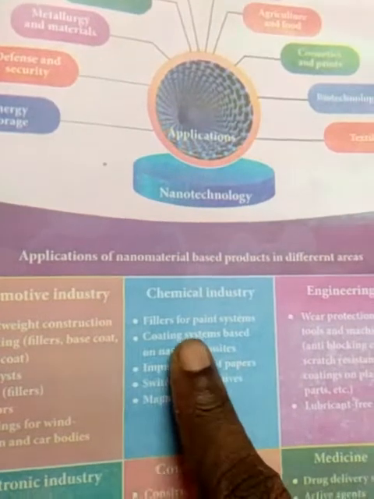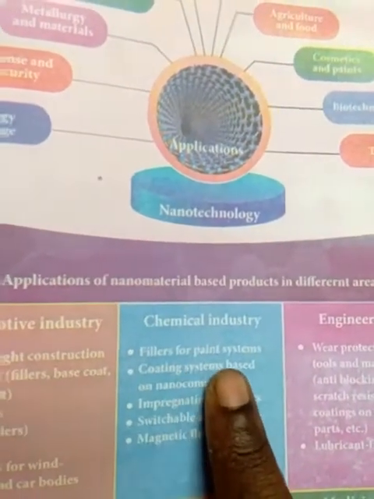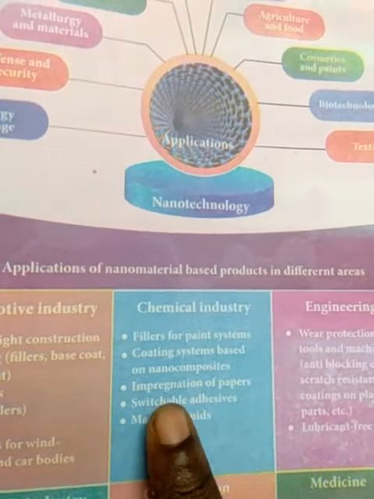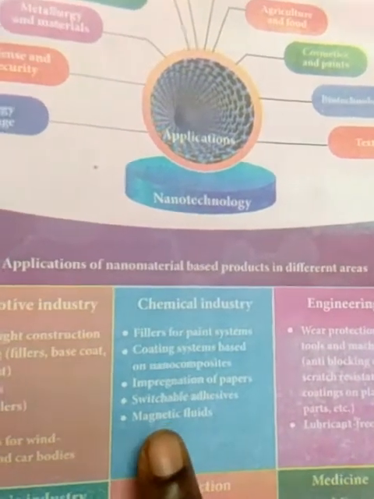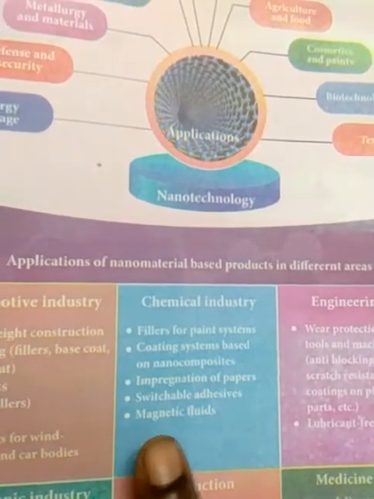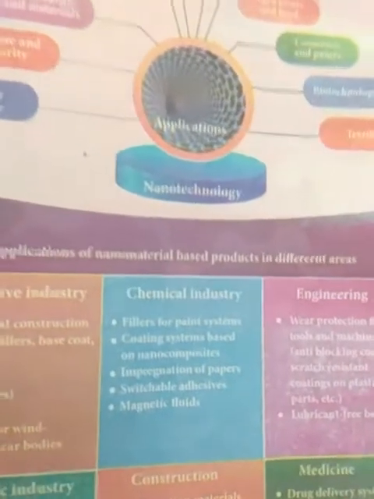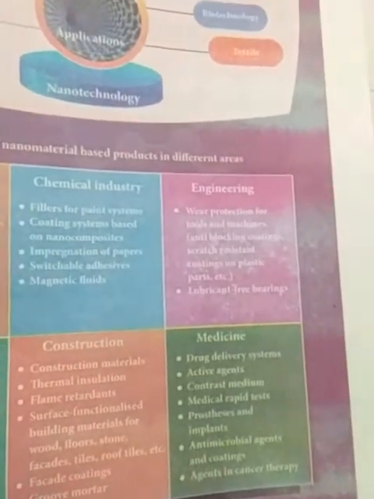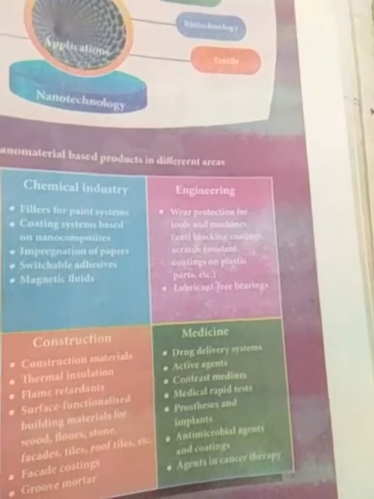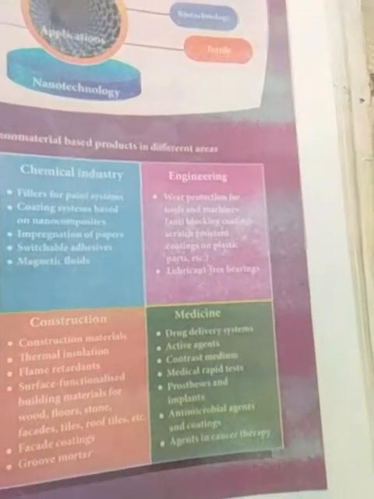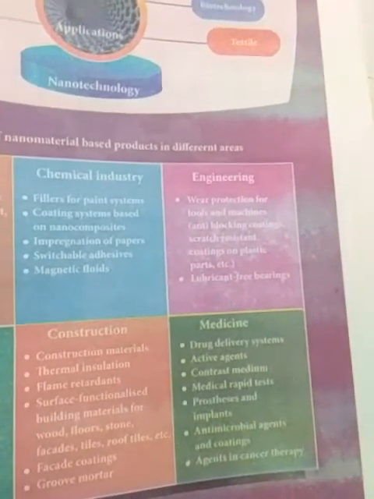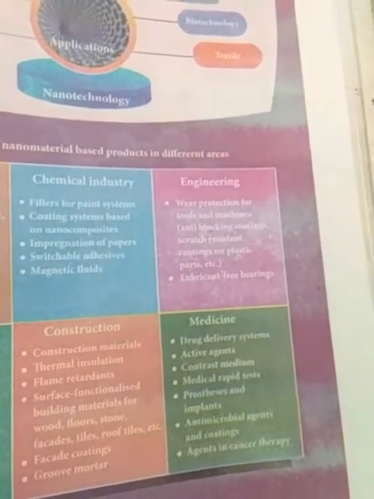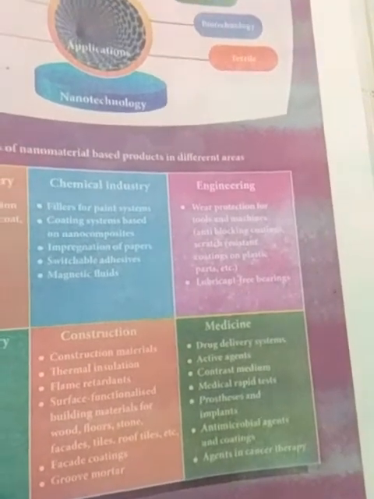anti-static coating. So next chemical industries like fillers for the paint systems, coating systems based on nanocomposites, impregnation of papers, switchable adhesives, magnetic fluids, construction materials, thermal insulation, flame retardants, surface functionalized building materials for wood, floor, stone, facades, tiles, roof tiles, etc. Facade coating, groove mortar.